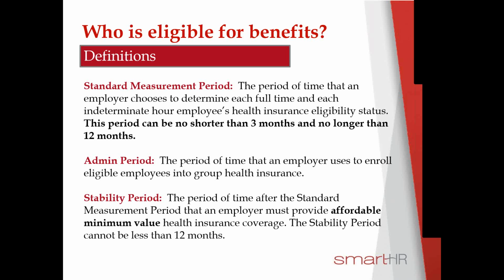There is some variation depending on the type of business that you do as far as what makes the most sense to track. But you're essentially looking at it over a 12-month period, and during that 12 months, if they're averaging more than 30 hours a week, they would be considered full-time in terms of the ACA. And so that may be a case where you do want to pay attention to those employees, because if now they're full-time, you have to offer them coverage.